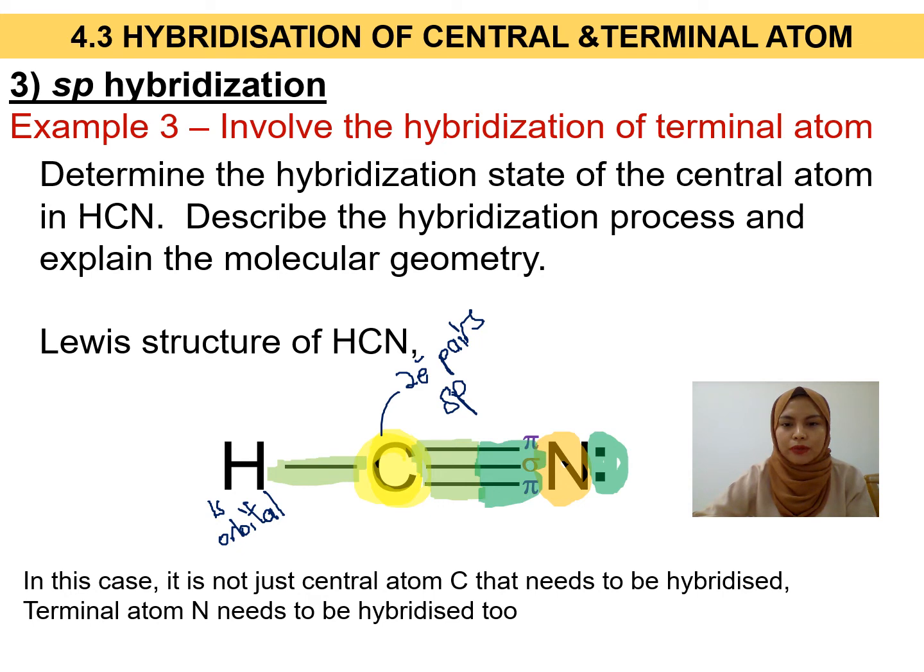Okay, 2 electron pairs. So this nitrogen akan ada 2 electron pairs as well, okay, dekat dia punya atom. So kalau 2 electron pairs bermaksud the electron will be arranged in linear, therefore the type of hybridization untuk nitrogen atom ni pun sp. Okay, walaupun dia berada di terminal tapi dia special case kat sini. You need to hybrid it as well.